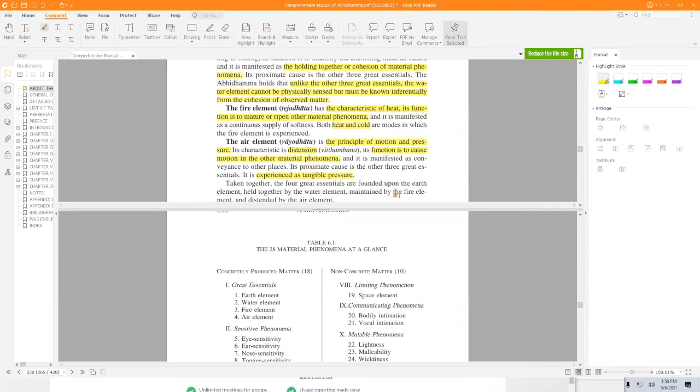So it's said that even when we are walking, the movement of the legs, or even when I'm sitting here moving my arm to point to this or that, that motion is due to the activity of the air element. And we experience the air element through touch as pressure.